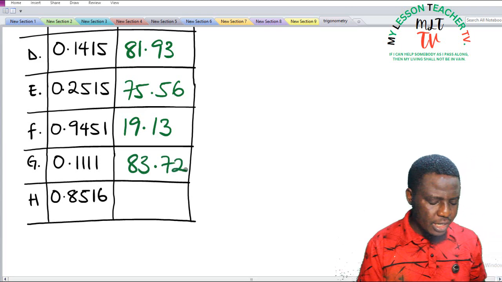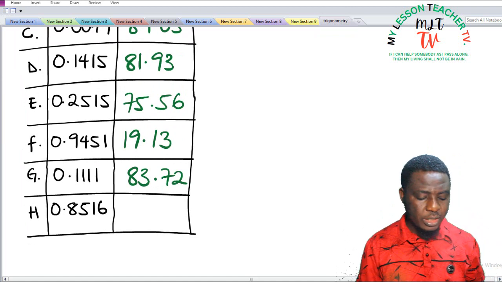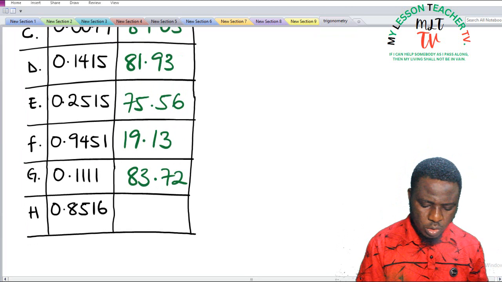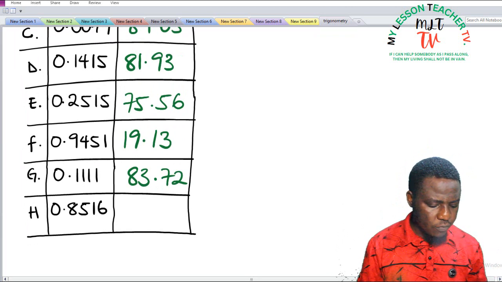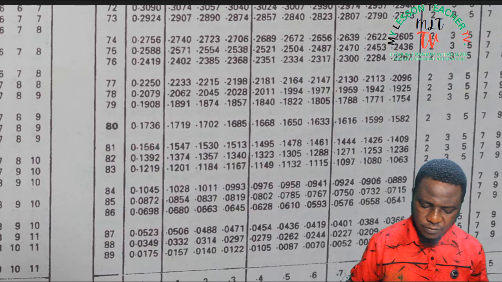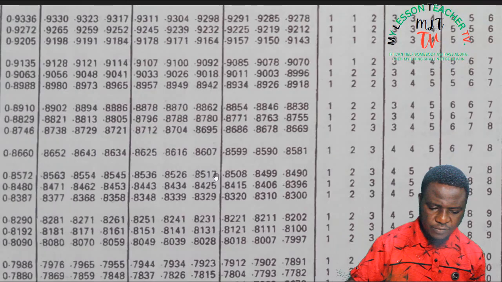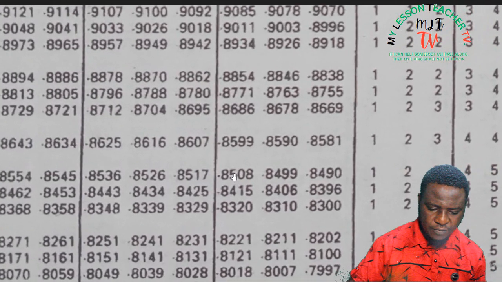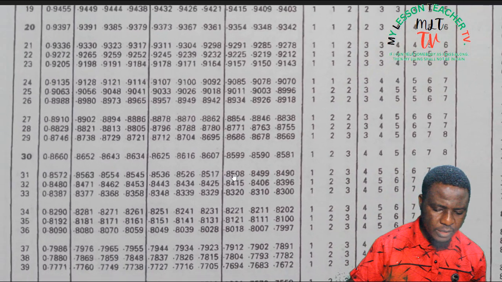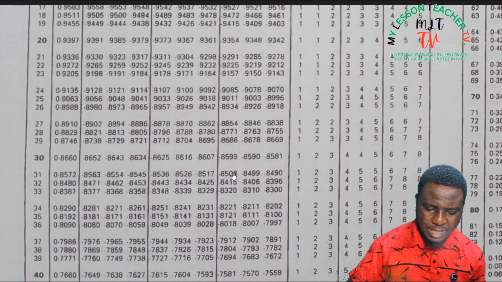And for the last question on cosine, we have 0.8516. You also go to your cosine table and check out 8516. I have 8508, which is closer. Looking for a difference of 8, and the difference of 8 is under 9.